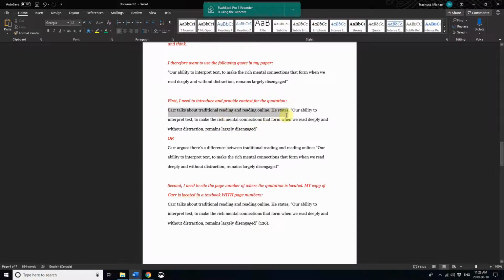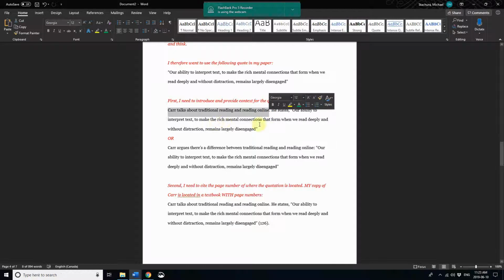What this little sentence here does, and this little reporting verb does too, is introduce the quote for the reader. This part right here gives context. Carr is talking about the difference between traditional reading and reading online in this particular part of the article. So that provides context for the reader.